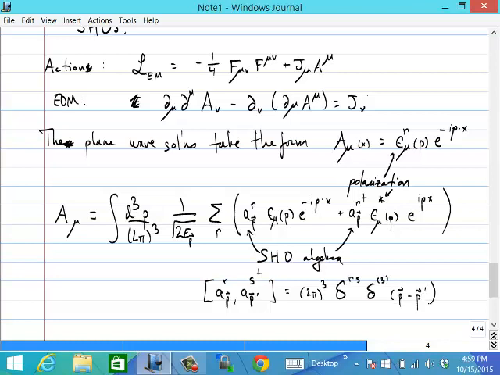And in addition, just as with the spinor, it will be equal to 0 unless R is equal to S. So the way that you think about this is that A_p^R dagger is the operator that creates a photon with momentum p and polarization S, or R, I guess I called it.